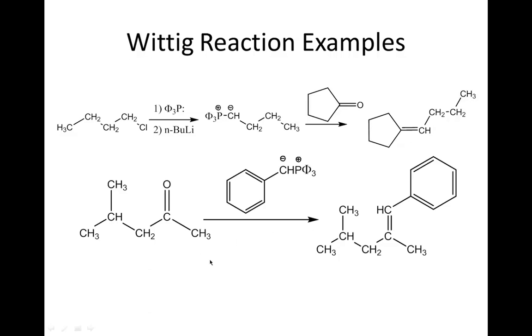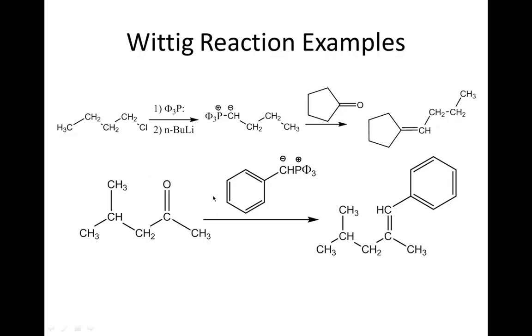Another way you might see it written is without the detail of showing how you prepared the Wittig reagent. So here the Wittig reagent's already been made, and so we've got it drawn like this, where there's the carbon with a negative character, and it's going to react with this carbon. Again, we're going to make a new double bond between this carbon and the carbon that was the carbonyl, and there's your product.